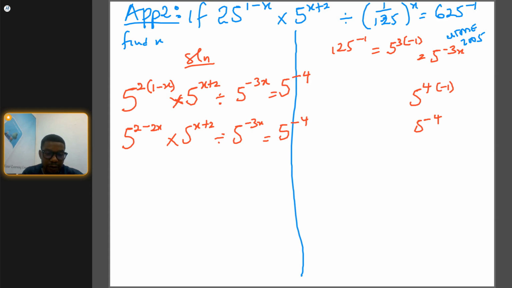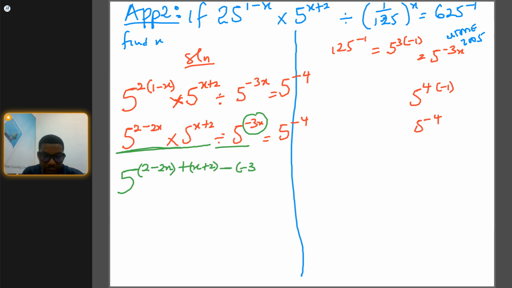So we are going to have 5 raised to power 2 minus 2x, put in a bracket, plus, I'm dealing with these two now, plus what? What was the power of this? x plus 2. All right, now to division. Division will change to what? Minus. So I will say minus in brackets this power minus 3x, close the bracket, equals to the response part, which is 5 raised to power minus 4.